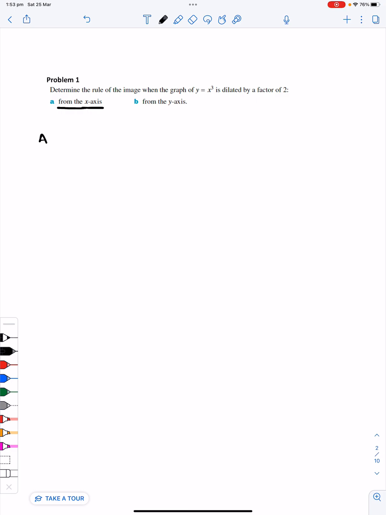From the x-axis means that it's going to be a vertical dilation. So therefore, my y image is being distorted by a factor of 2 times y, and therefore I can write y as equaling y image on 2. Therefore, if I use my original expression, y equals x cubed, I'm going to use some substitution here.